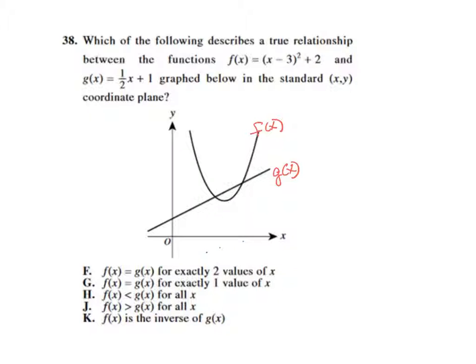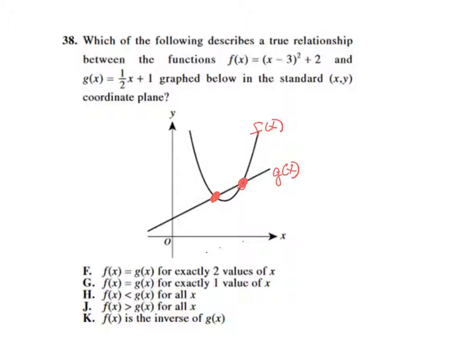If we start with f of x equals g of x for exactly 2 values of x. So exactly 2 values. Let's see, f of x is equal to g of x here, and they're equal to each other right here, at the points of intersection.